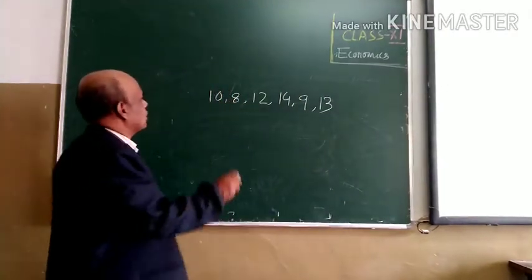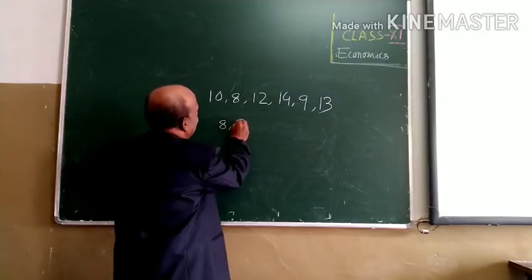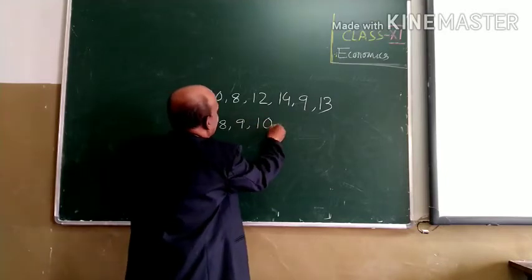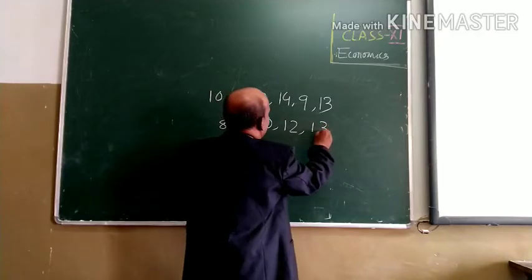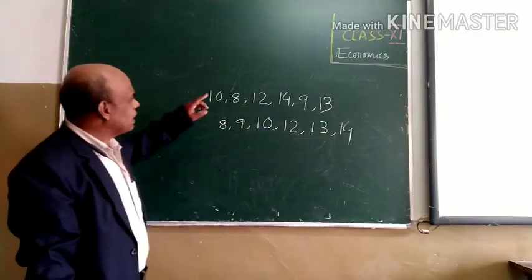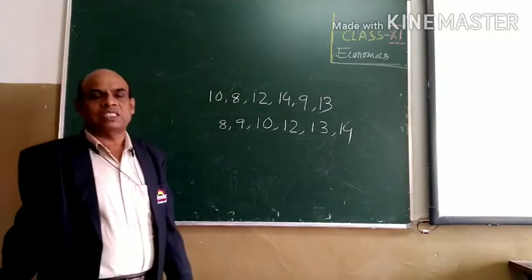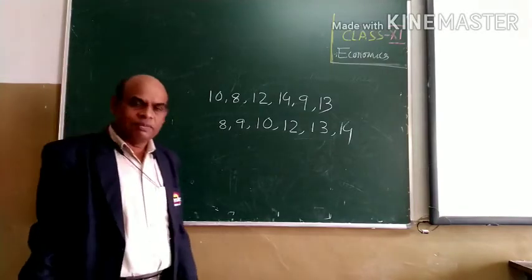So first data will come 8, then 9, then 10, then 12, then 13, then 14. Here you see how many numbers are given? 1, 2, 3, 4, 5, 6. 6 is what? An even number.